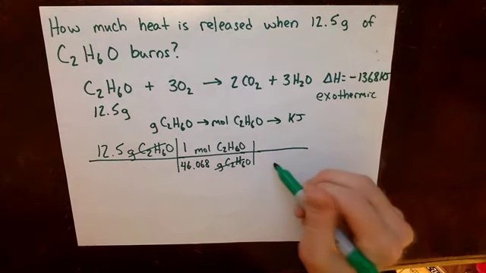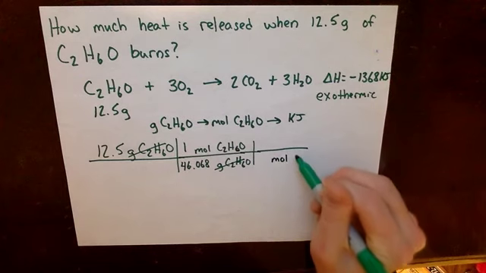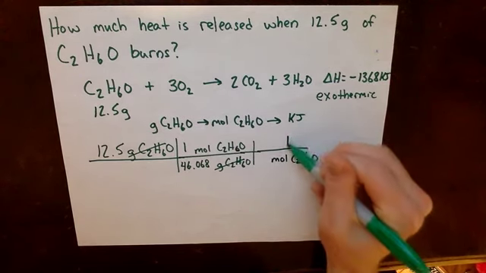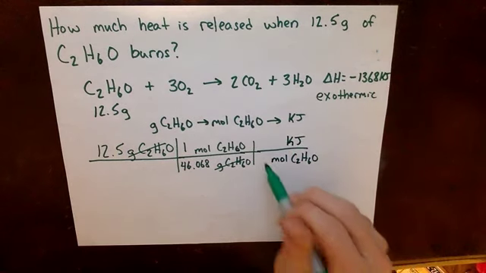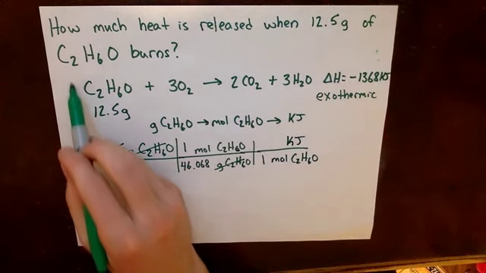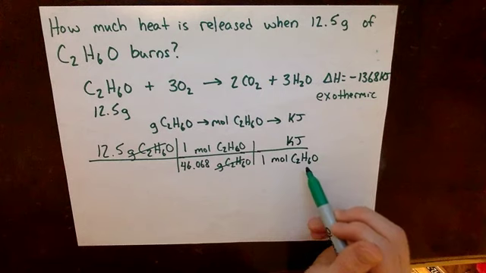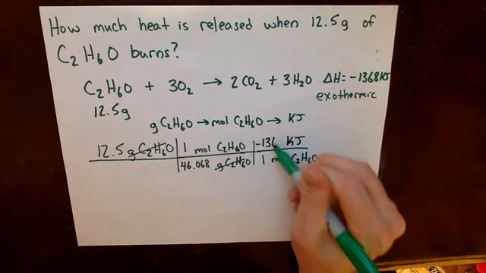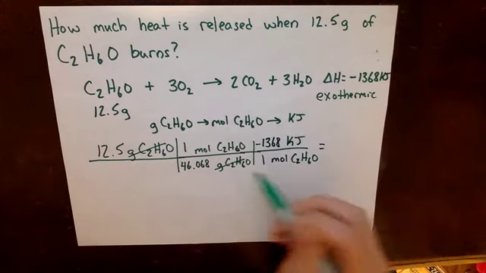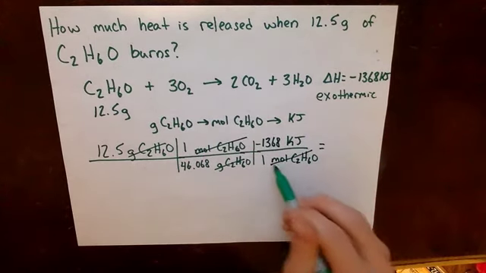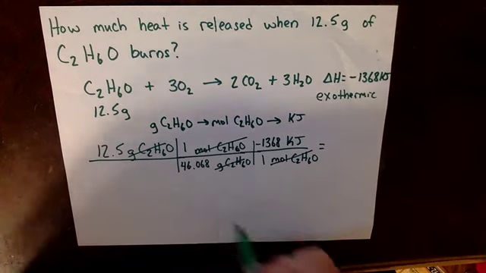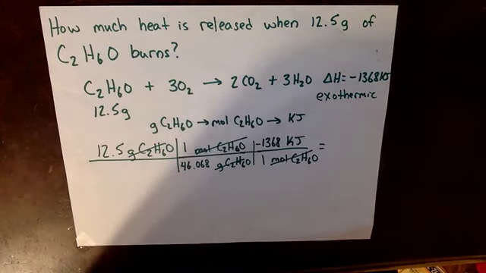Okay, so we want to put moles of C2H6O on the bottom to cancel, kilojoules on top, and we said for every 1 mole, imaginary 1, of C2H6O, we're going to release 1,368 kilojoules. That will cancel out our moles of C2H6O, so now we just have to multiply across the top, divide across the bottom, and that should tell us our answer.